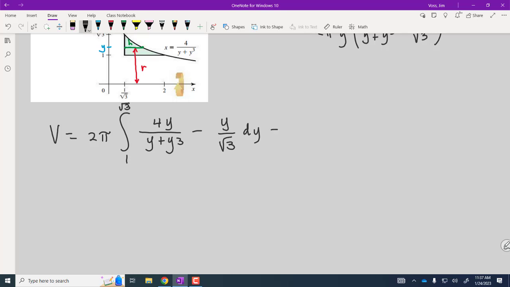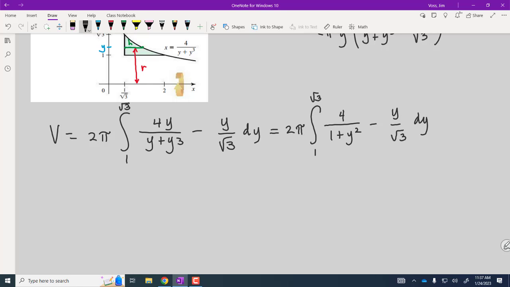We're going to do a little bit of simplification in this first fraction. Can't we cancel out a y? So this is going to be 4 over 1 plus y squared. And that's going to be another one of those integrals that you are going to need to know.